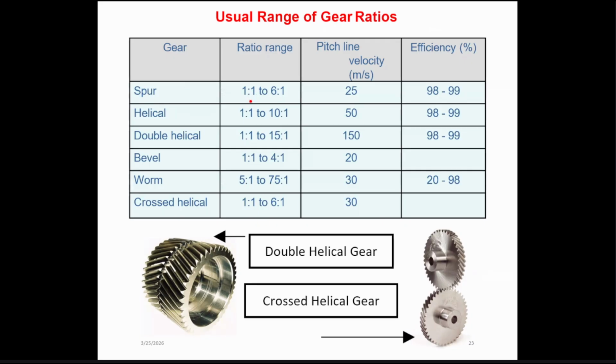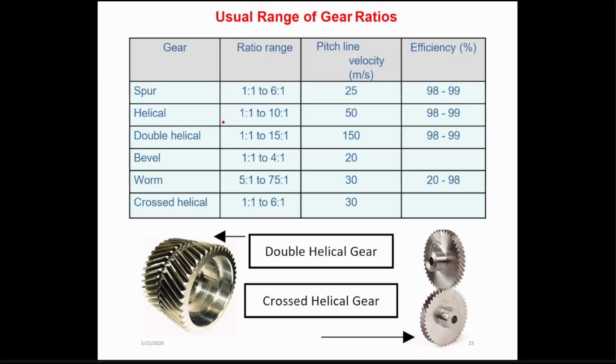Spur gears are not recommended beyond 5 or 6. The practical limit is 5, or the maximum will be 6. Which means the diametral ratio of mating spur gears will be maximum 6, right?